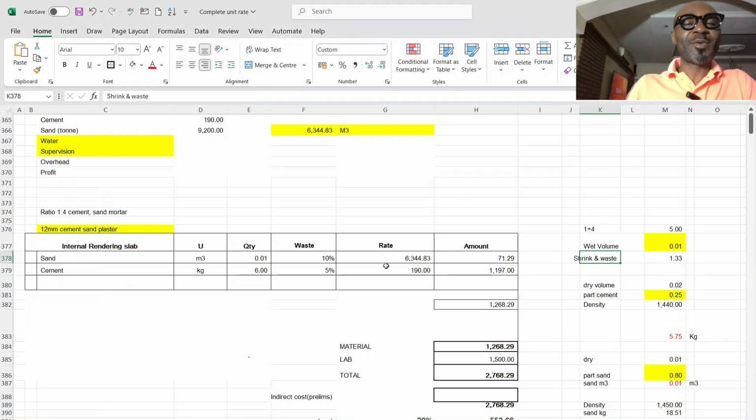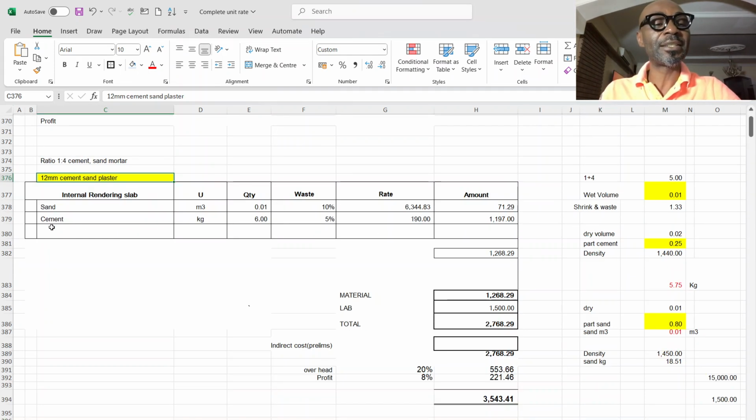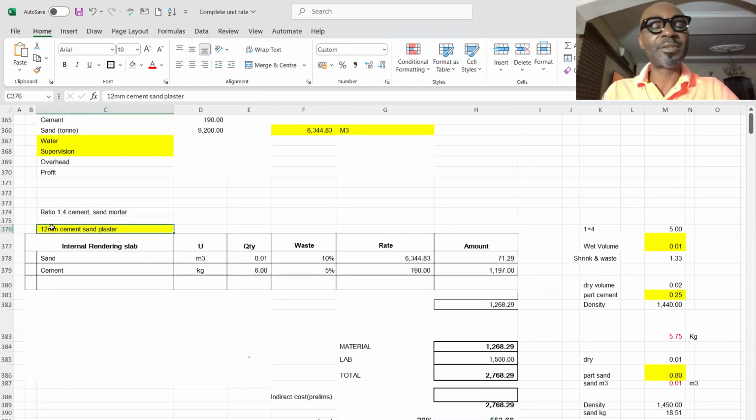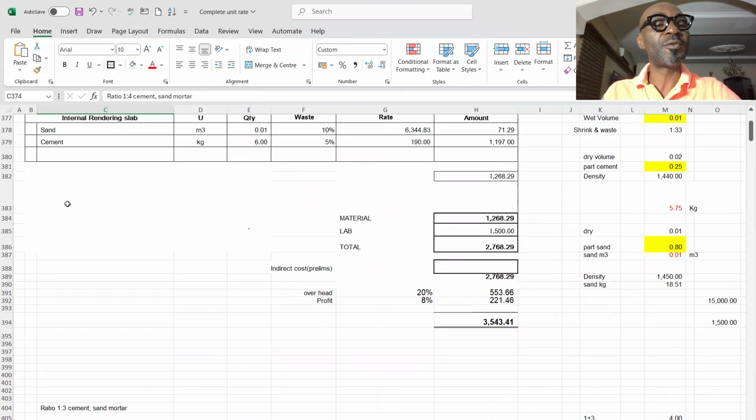And this time around, we want to build up rates for plastering of different thickness. I have here on my screen a 12 cement sand plaster in a ratio of 1:4.